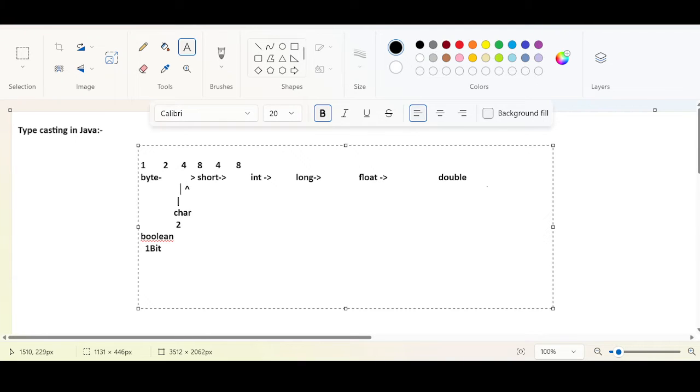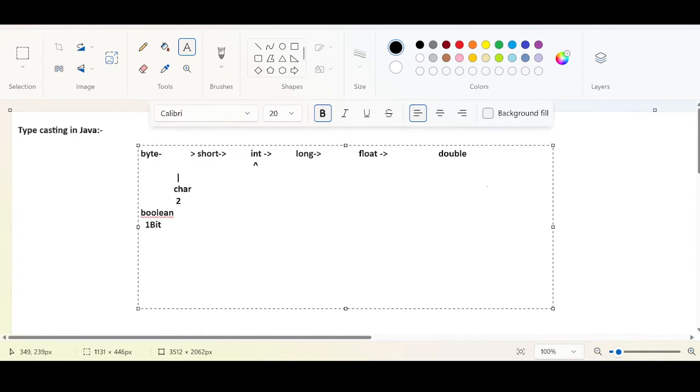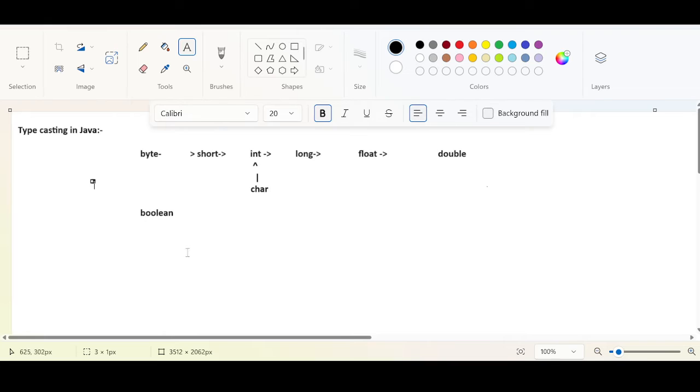And this should be under int. Let's remove this line. Okay, this is the chart. Byte will be promoted to short, int, long, float, and double.